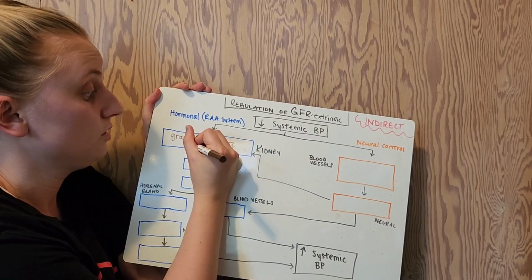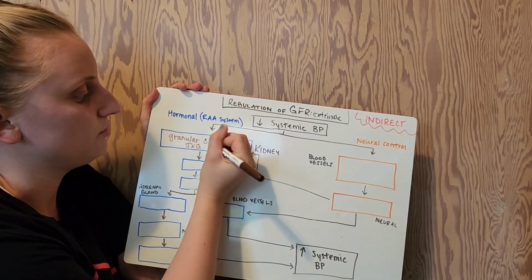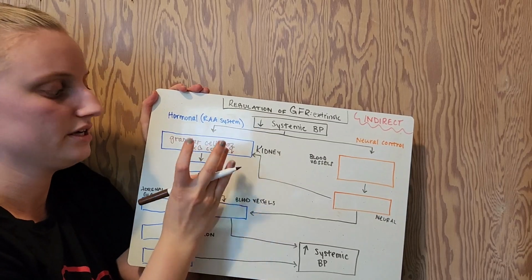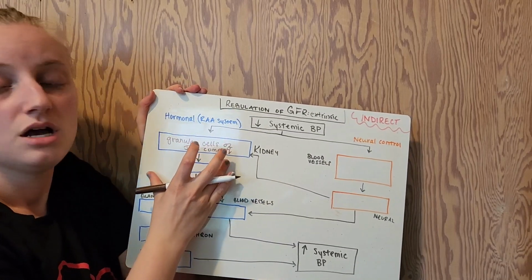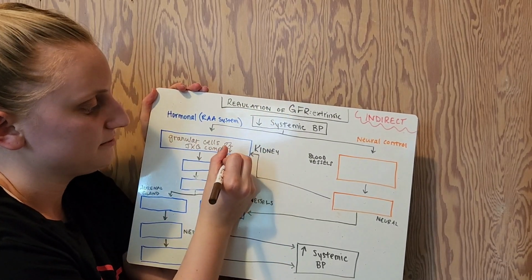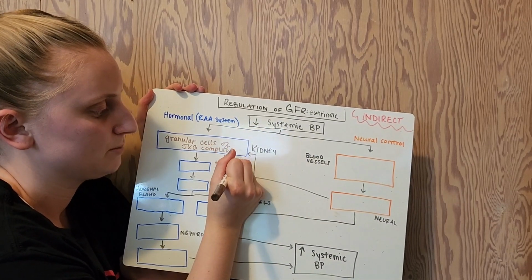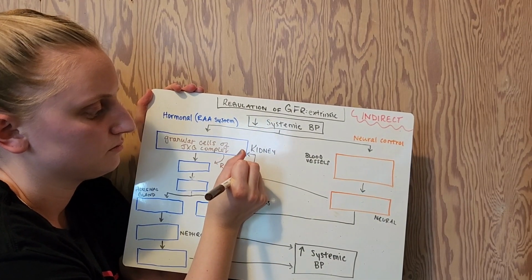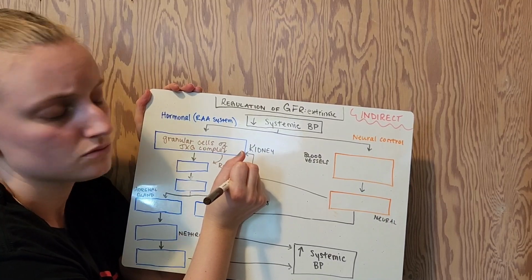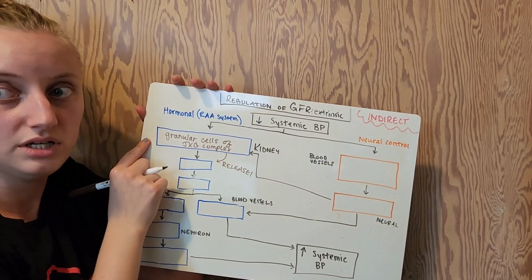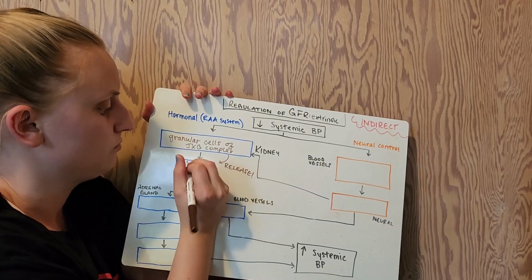Of the juxtaglomerular complex. So yes, this is in the kidney. And these release our granular cells are releasing our renin.